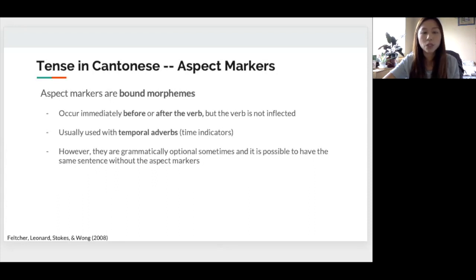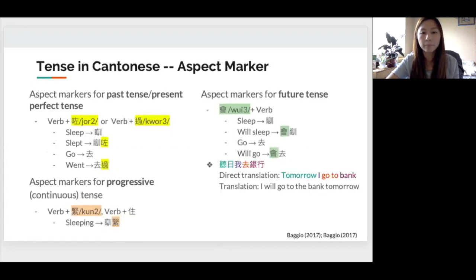Now I'm going to show you some specific aspect markers in Cantonese. For marking past tense or present perfect tense, you use the character 着 or 过. There are more past tense or present perfect tense aspect markers, but I did not list them all in the presentation in here.